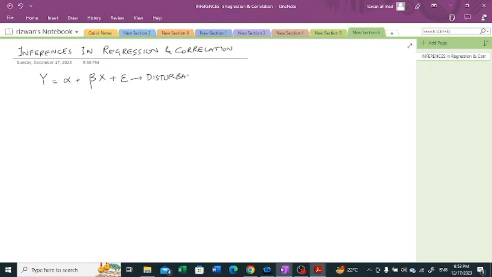Let's consider an example of study time versus marks. Your marks in the exam do not only depend upon the study time that you devote to a particular subject. Besides that, there are so many other things that your marks may depend upon. For instance, in addition to study time, your marks depend upon your IQ level as well.